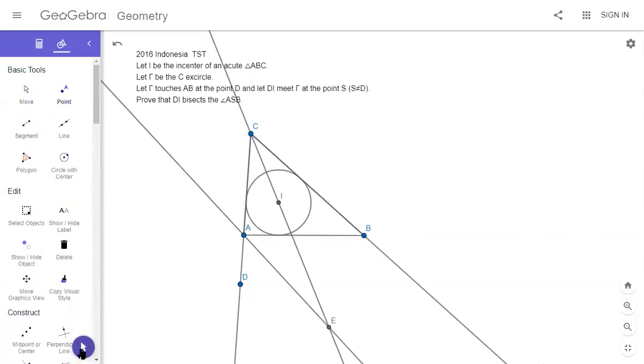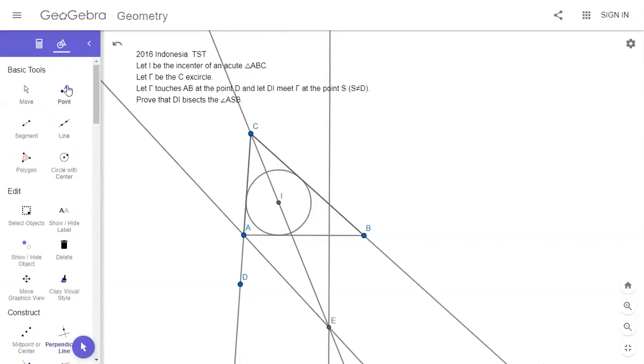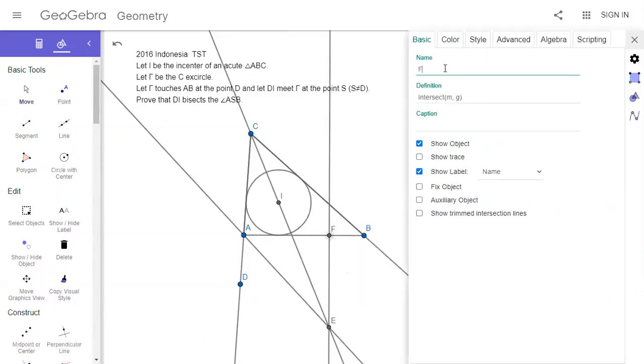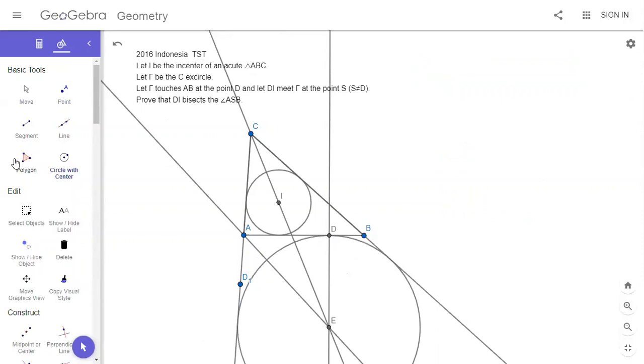Then we draw the X circle, and it touches AB at point D. So I'm going to have to rename this D. All right, that's the X circle. It's a pretty nice picture.